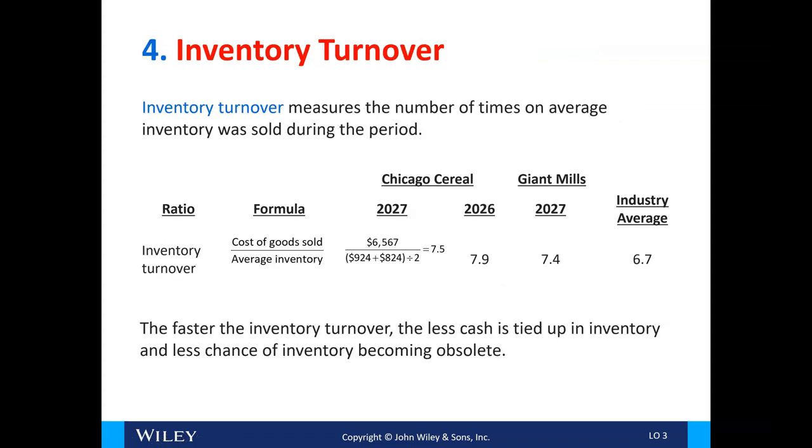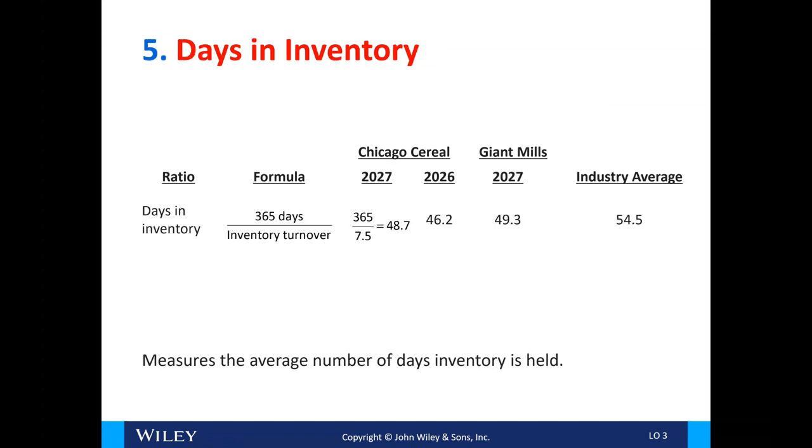Same thing with inventory turnover. Here, they turn their inventory over 7.5 times. So you divide 12 by 7.5, and that's really going to give you the number of days. So about 48.7. The industry average is 54. So they turn their inventory over quicker than the industry average.